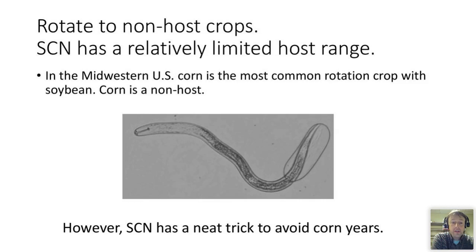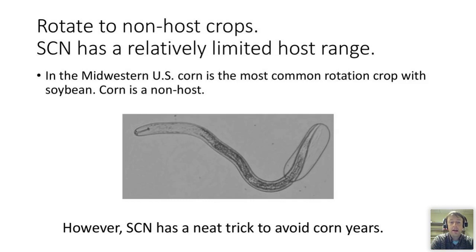And corn is a great non-host crop. During years where corn is planted, the nematode is not reproducing, it's not increasing its population size. And in fact, a certain number of the nematodes will die off during that corn year. However, you will not get complete control by just planting corn.